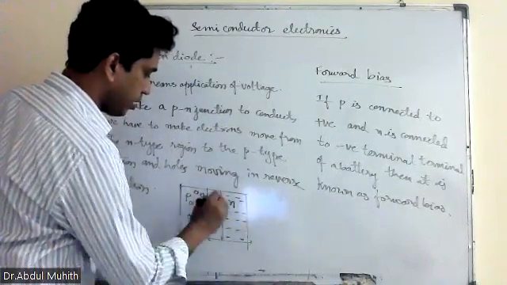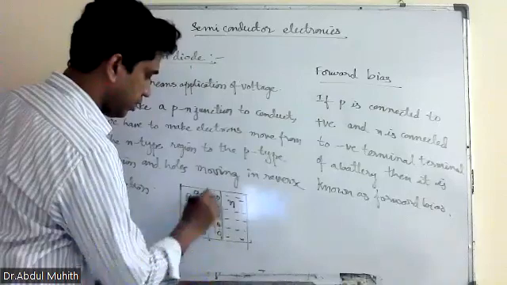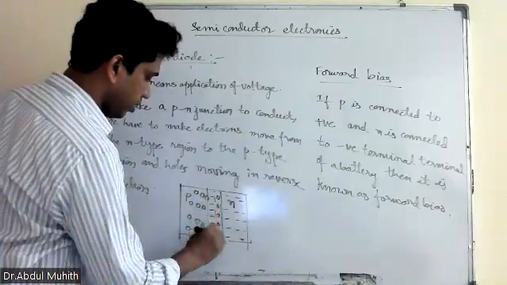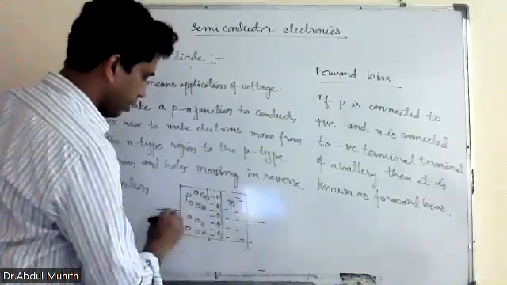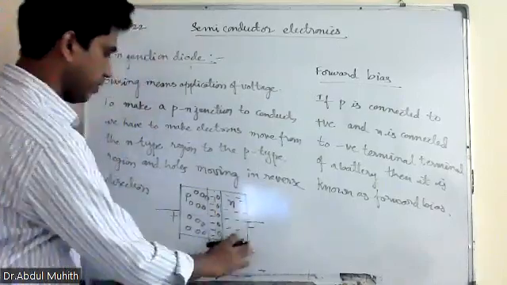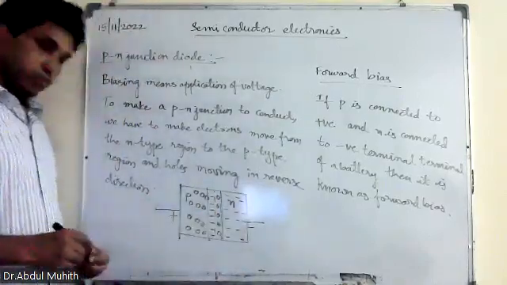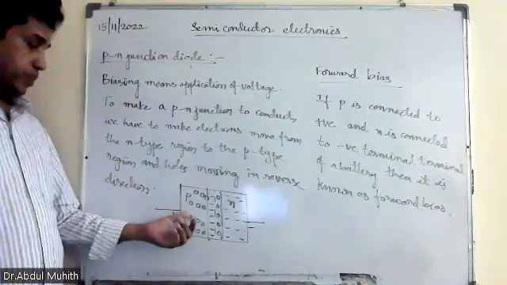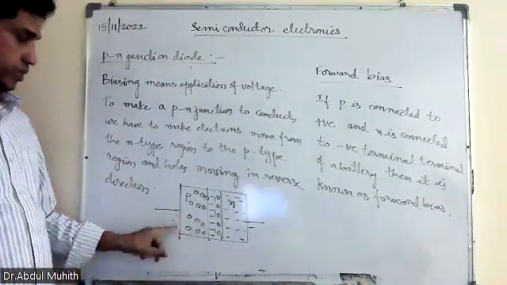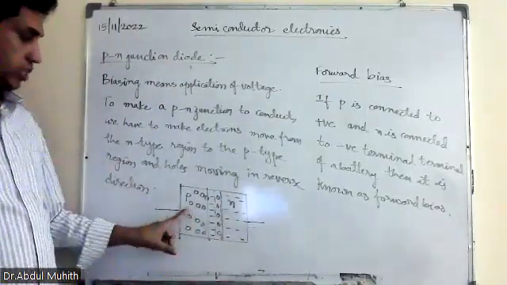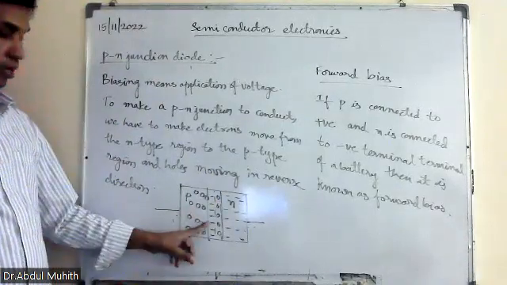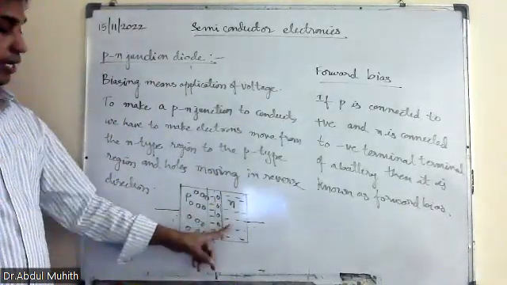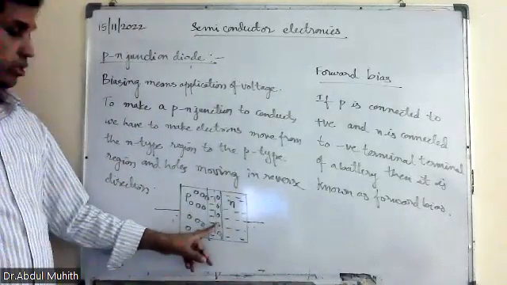And minority, here there are holes, and here there are electrons. This is positive and negative. In P-type the majority charge carriers are holes and minority are electrons, and in N-type majority are electrons and minority are holes.